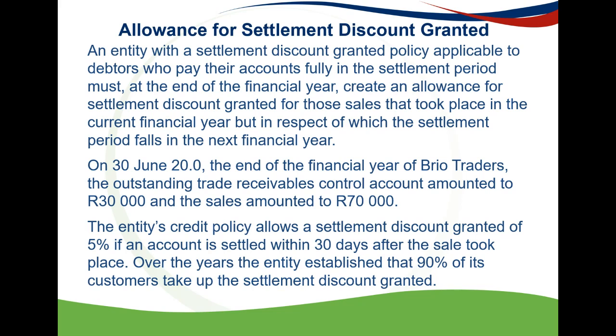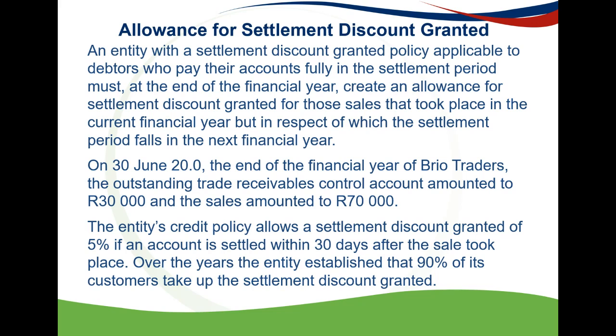On 30 June 2020, the end of the financial year of Brio Traders, the outstanding trade receivables control account amounted to 30,000 Rand. And the sales amount to 70,000 Rand. The entity's credit policy allows a settlement discount granted of 5% if an account is settled within 30 days after the sale took place.